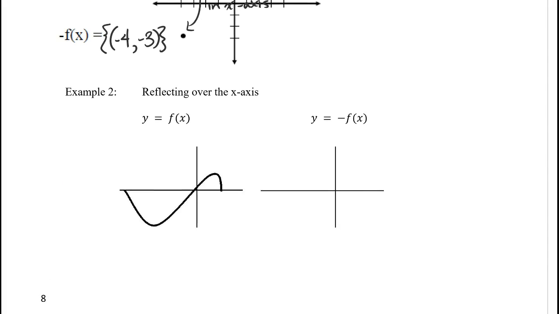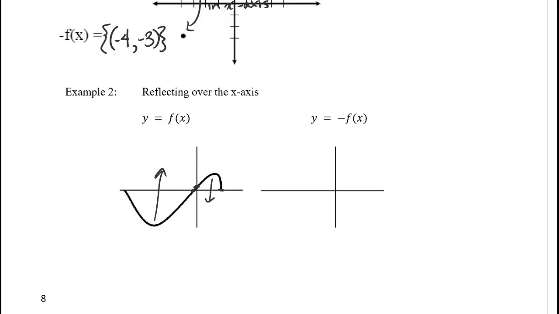So example 2, we can also do this pictorially. So reflecting over the x-axis. So again, that means all my points above are going to go below, and all my points below are going to go above. Now, I don't expect this to be perfect because I have no specific values to plot, but I'll do my best. So I know that I should hit, well, I hit it approximately here and here.